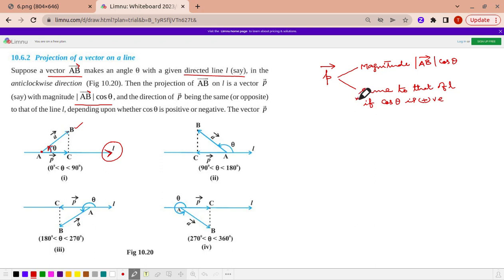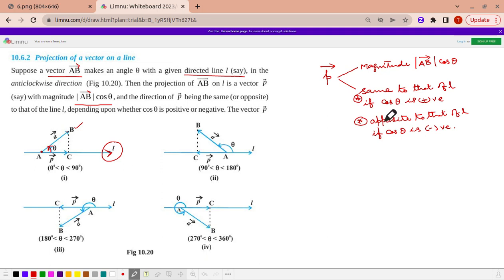Or it could be opposite to that of L if cos theta is negative.